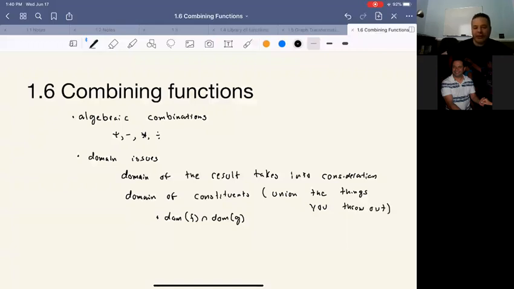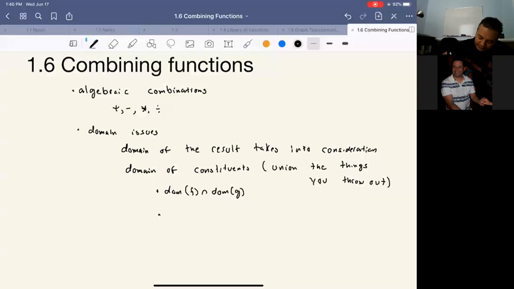And when you're dividing, say you take f of x divided by g of x, g of x is not allowed to equal 0. Okay, so let's do a couple examples.